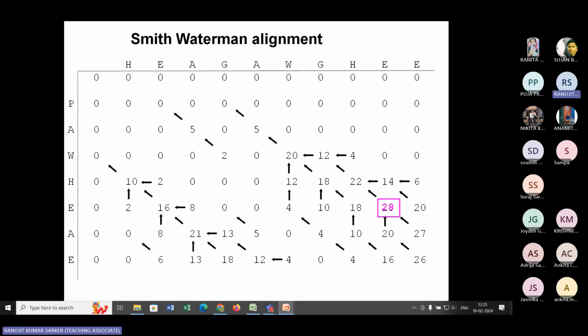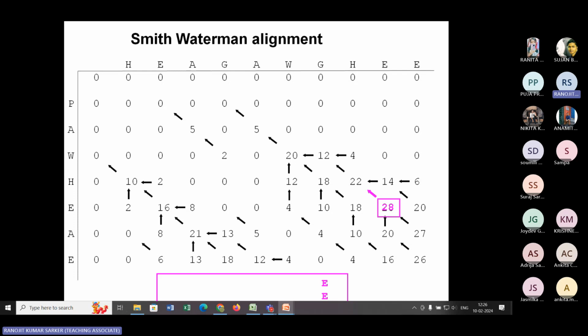The rules for backtracking are the same as in Needleman-Wunsch. As per the backtracking rules, now 28 encompasses the cell E by E, right? So let's align E by E, because we are coming from the diagonal path.